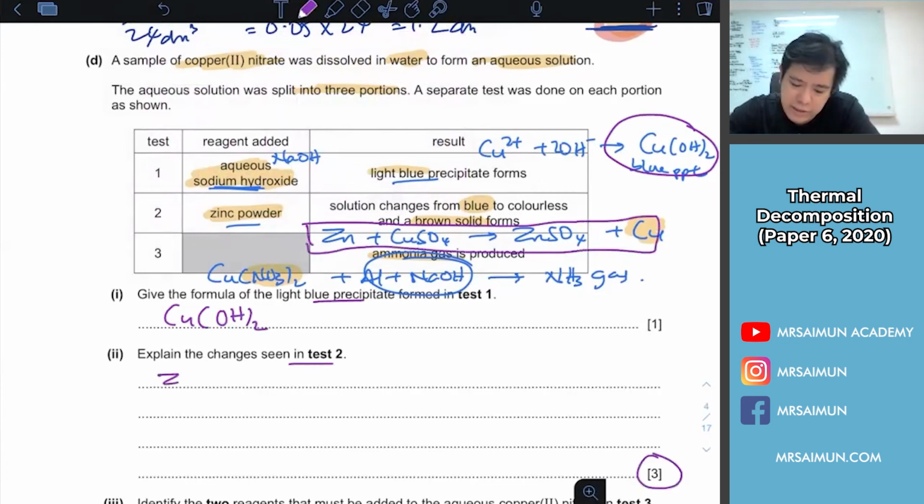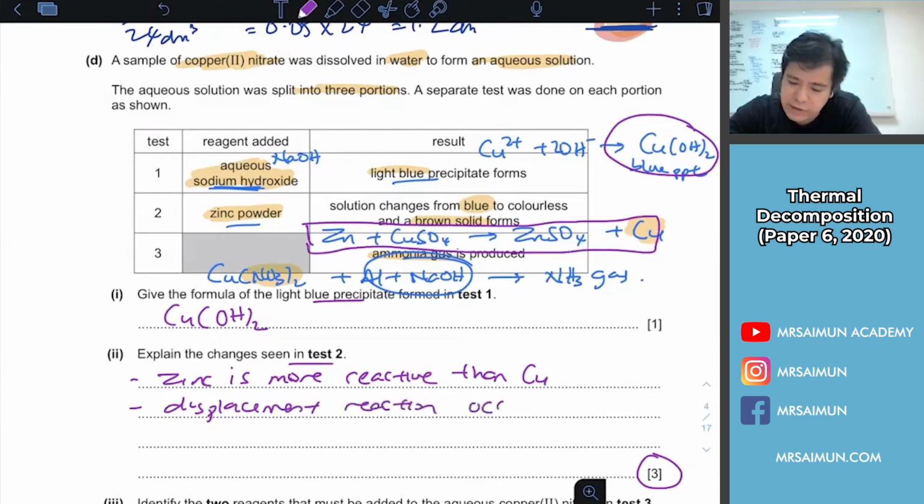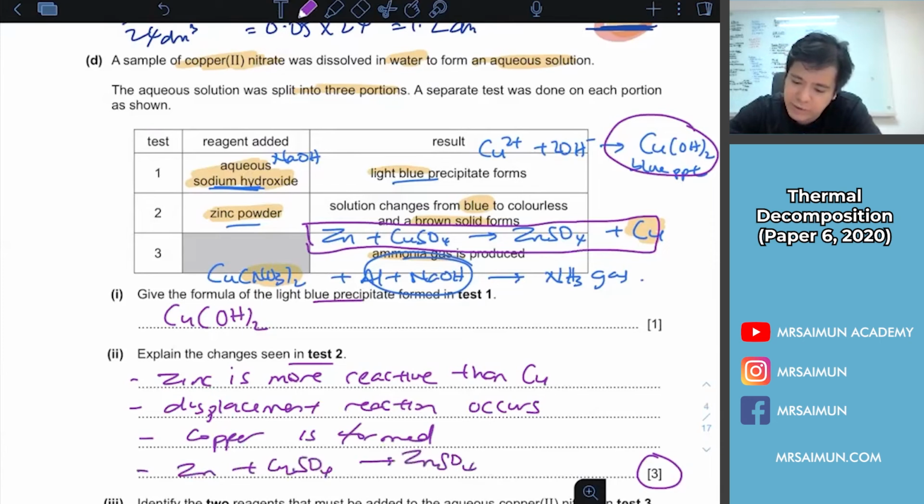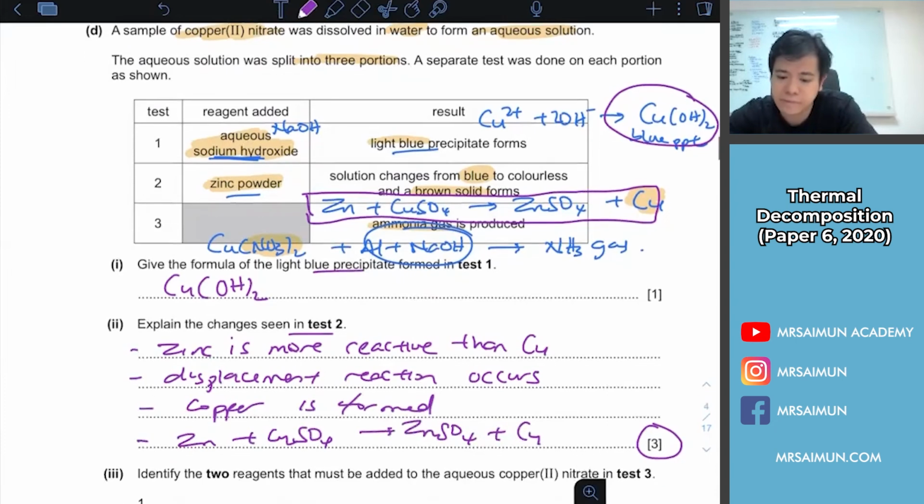You can say zinc is more reactive than copper, so a displacement reaction occurs, and then copper is formed. Of course, if you want, write down the whole chemical equation to explain what's going on.